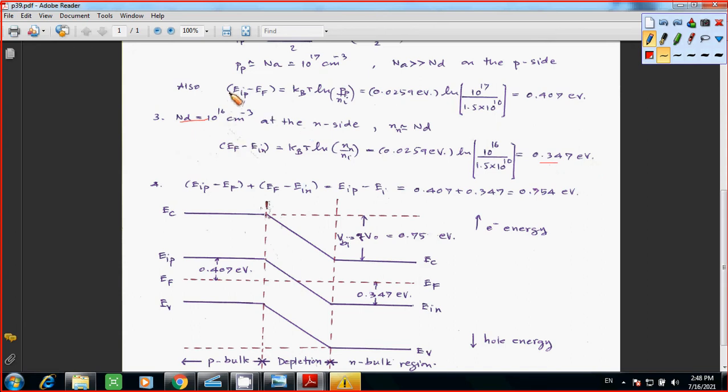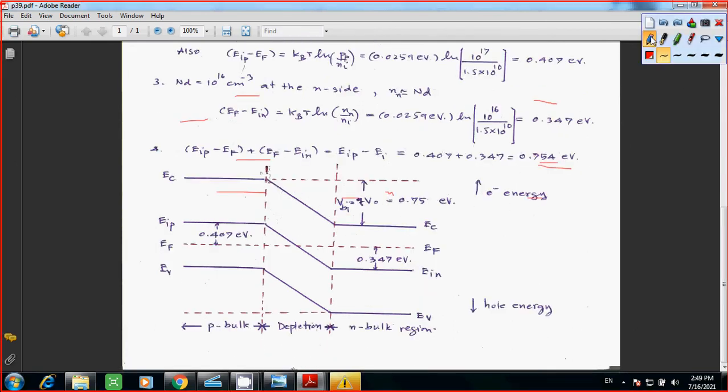If you add these equations together, you end up with EIP minus EIN, the gap between the intrinsic energy on the P side and the N side. So you just add 0.407 with 0.347. That gives you 0.754 electron volt.